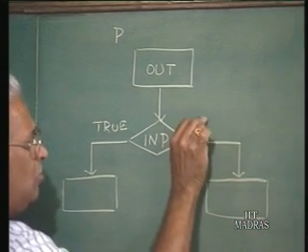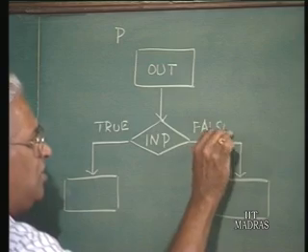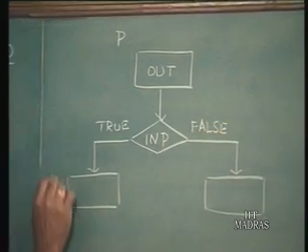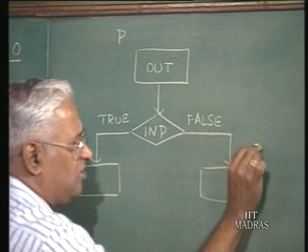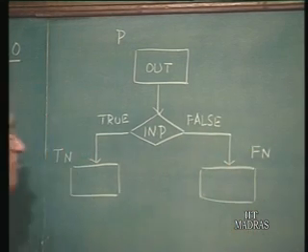The system goes into either this true next state, so I will call it the true next state, and then this as the false next state. So, this is what it is.